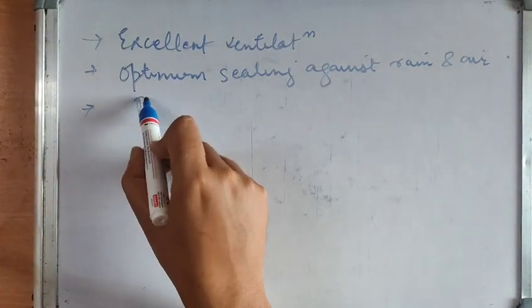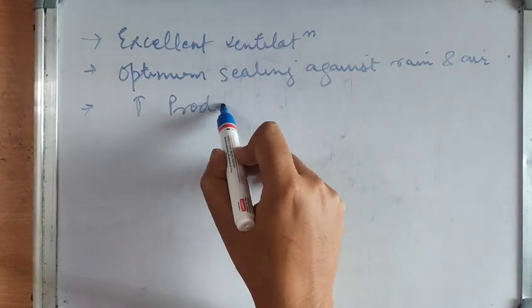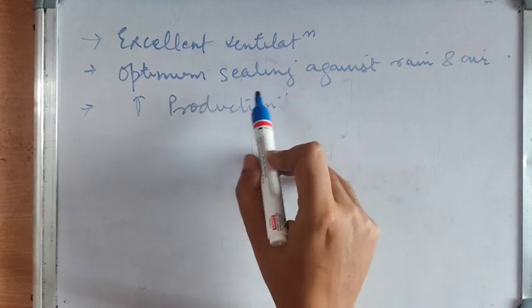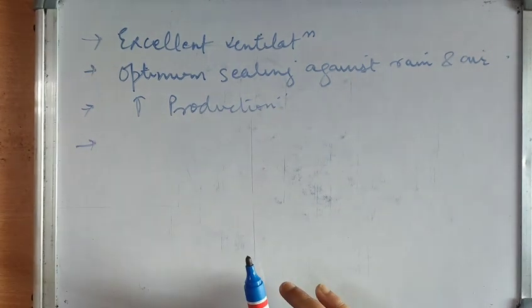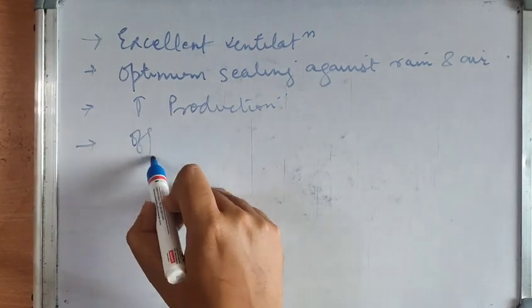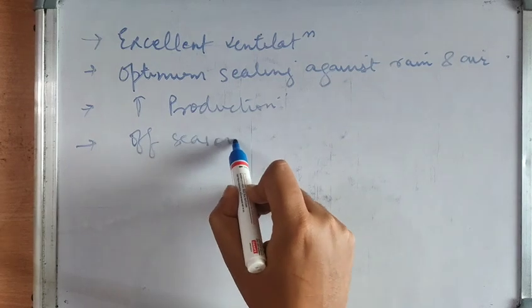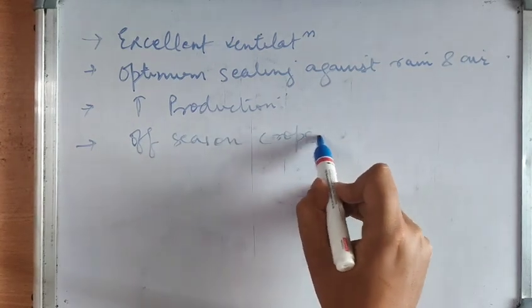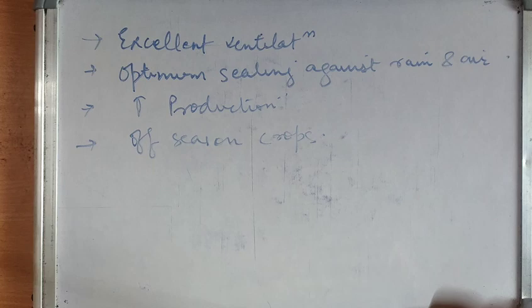Increased production, it increases the production. We can do production of off-season crops easily, because here the climate can be controlled by us.